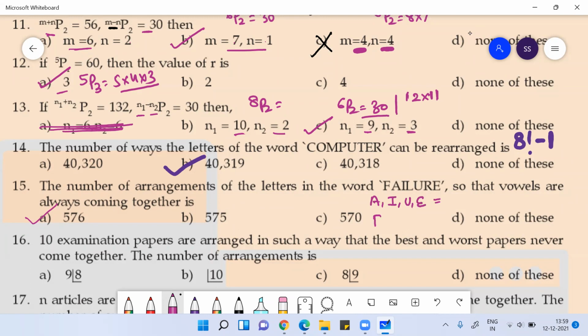And you have consonants F, L, R. So make the vowels X. Now this becomes F, L, R, X. This you can arrange in 4 factorial ways. Now X is not X, it is made of four letters which you can arrange in 4 factorial ways. 24 into 24, your answer is 576. Clear, everyone?